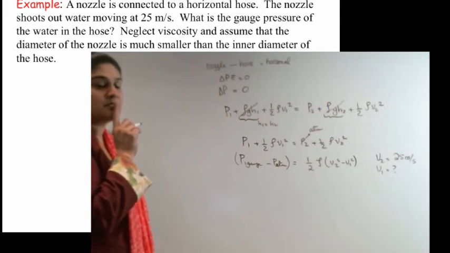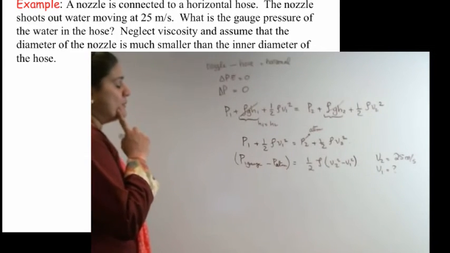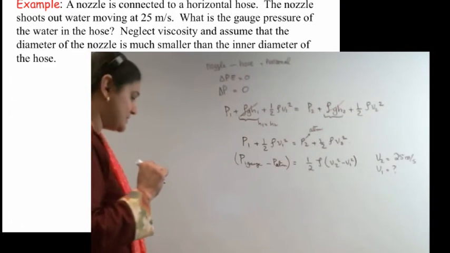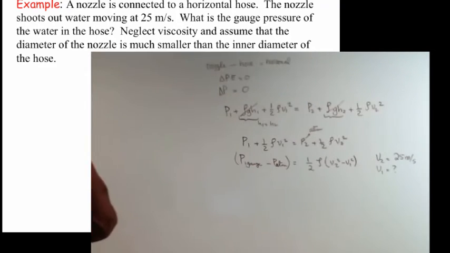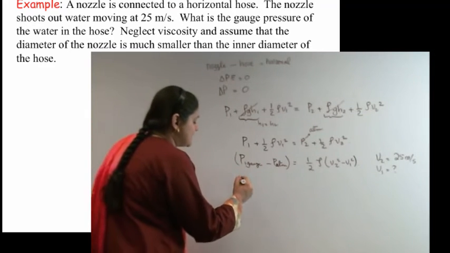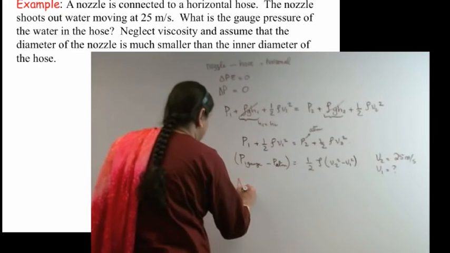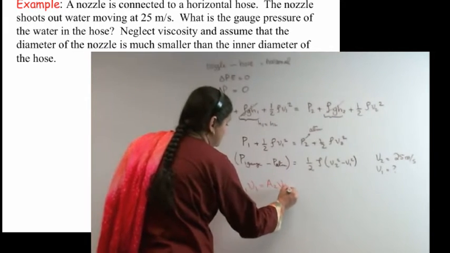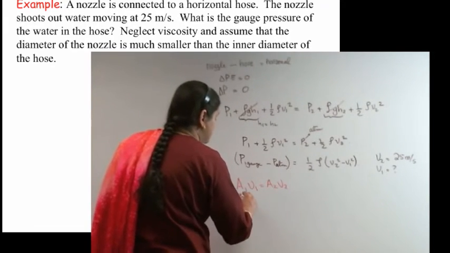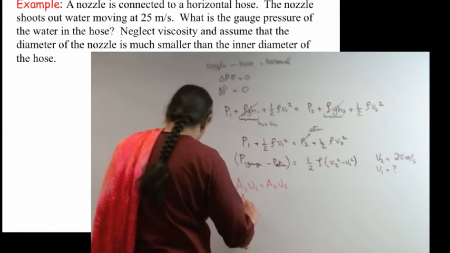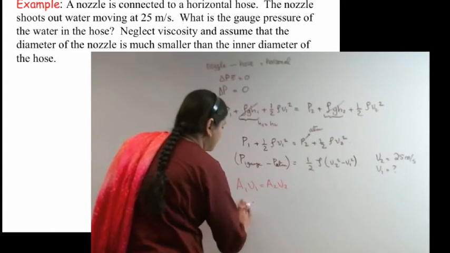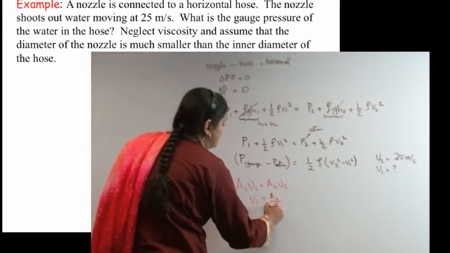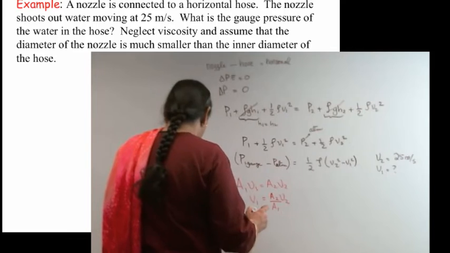Now how do I counteract that? Well, I have one more equation that I might be able to use, which is called the continuity equation, right? The continuity equation says A1 V1 equals A2 V2. This means if I was to find V1, it will be A2 over A1 times V2, right?